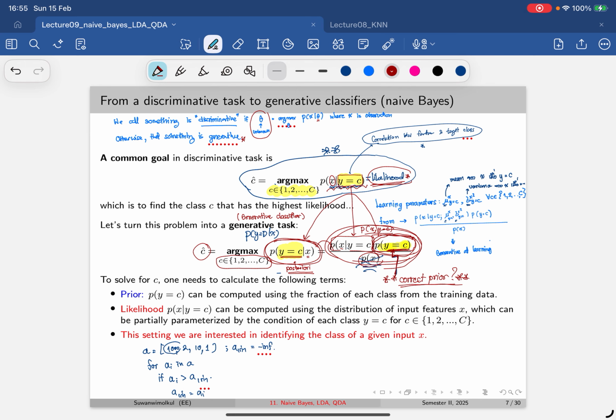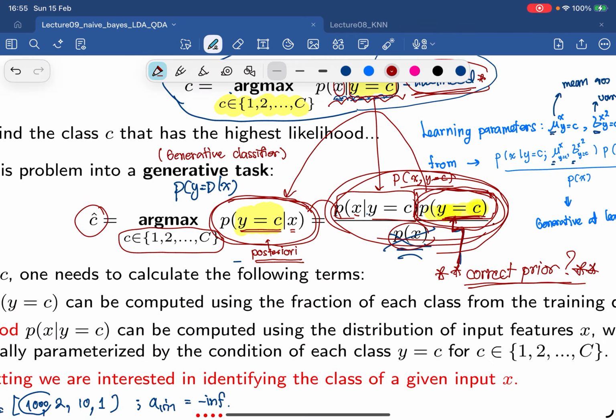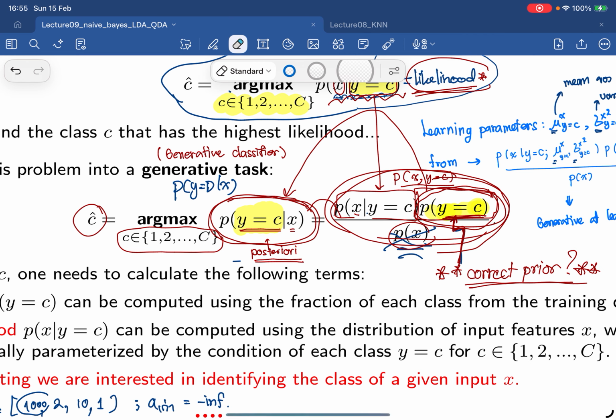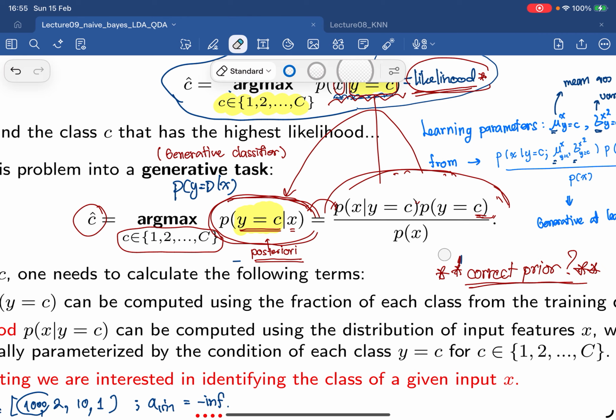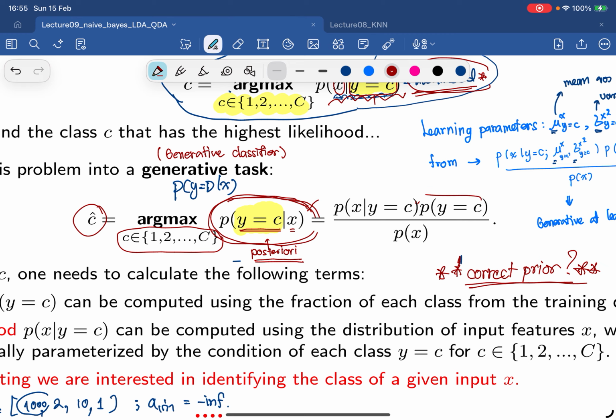In fact, I will show you in the next slide that even though we are considering this posterior distribution, which is the combination of the likelihood and the prior, in the setting and the derivation made in LDA and QDA, it turns out that computing this entire probability is not that bad.